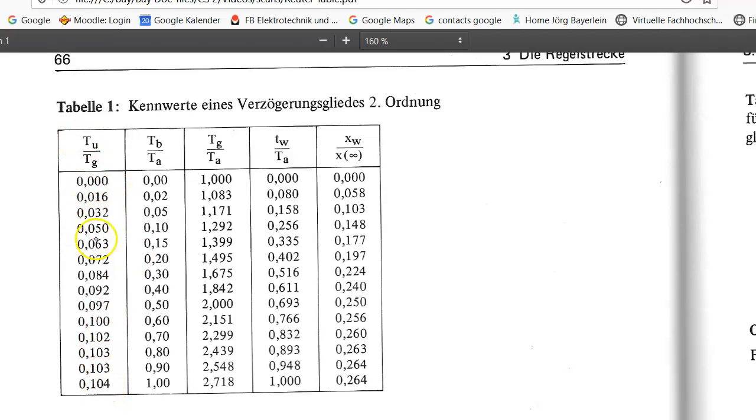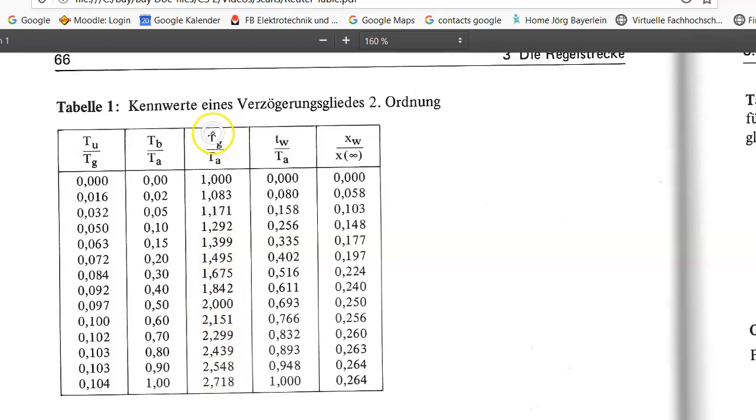And Mr. Reuter found out that the ratio TU over TG depends directly on the ratio TB over TA. There is a clear coincidence between both ratios, and he calculated this with a computer, and intermediate values can be found with interpolation.